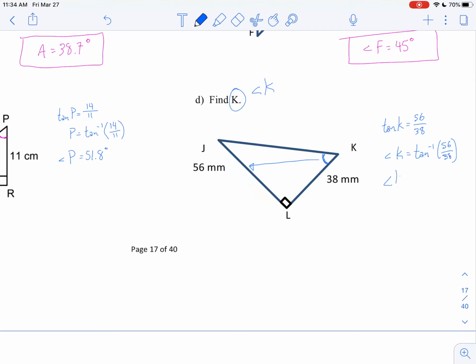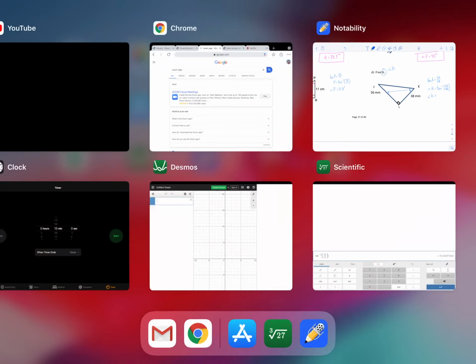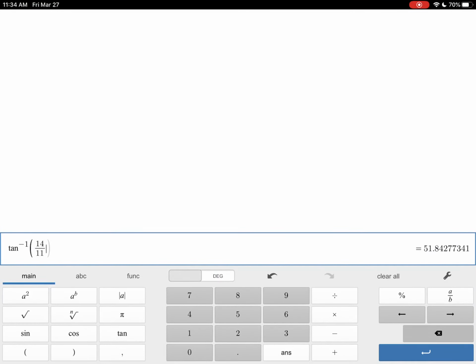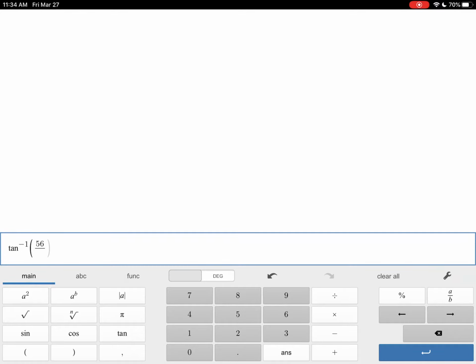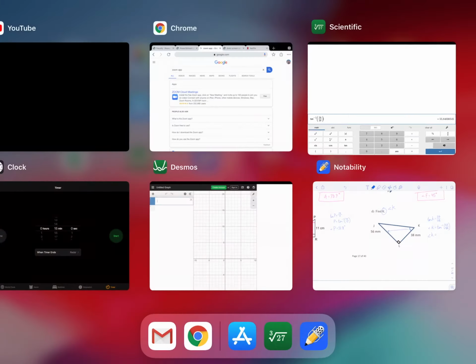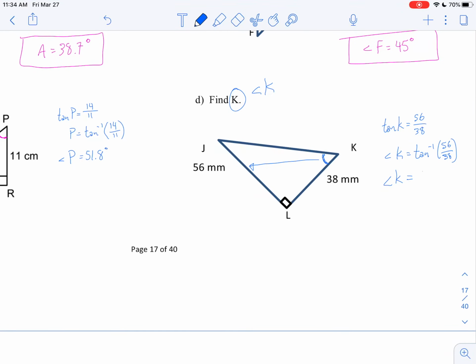So angle K is equal to 56 div 38. See what that is. 56 div 38. And we get 55.8. Hopefully you got the same thing there. 55.8 degrees.